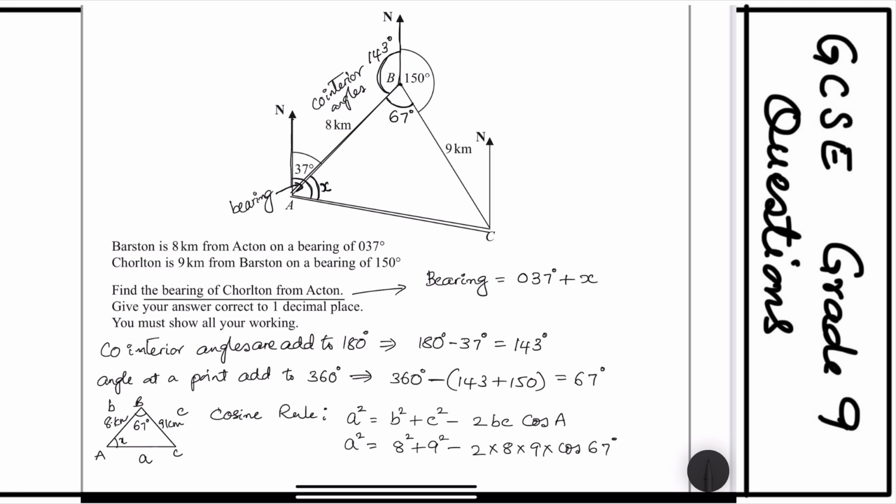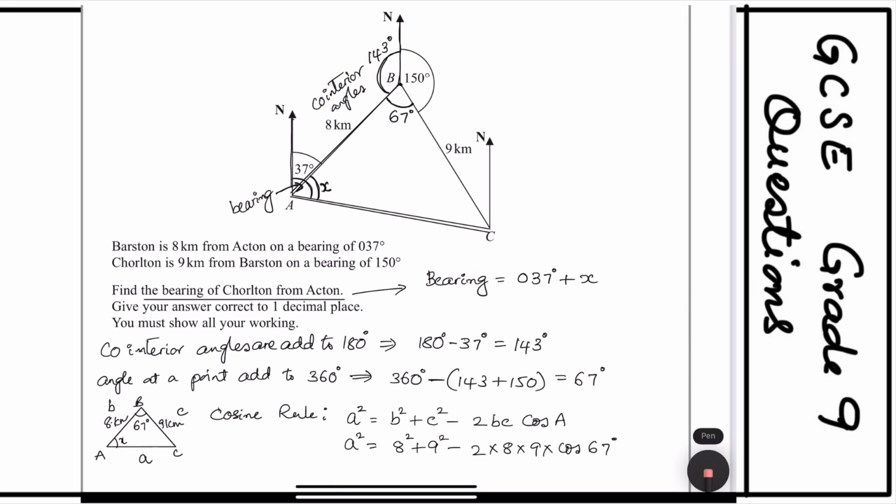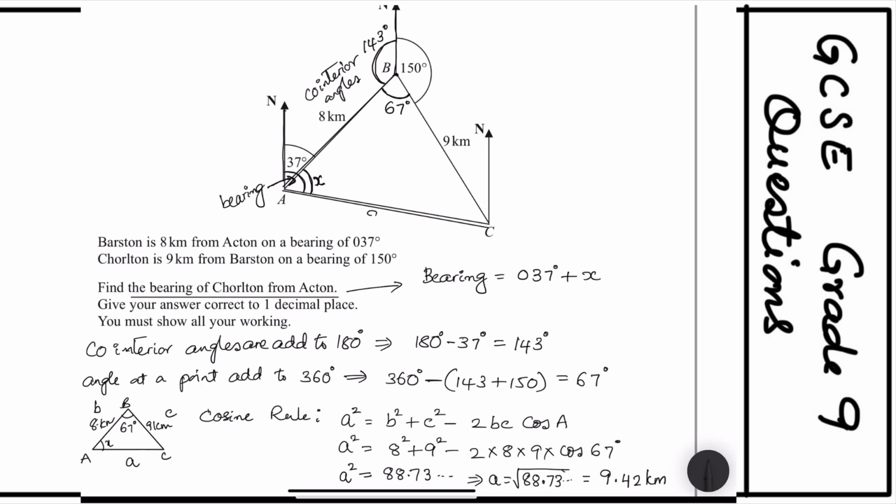Enter this in the calculator to get the a squared value first. a squared is 88.73 to 2 decimals, and then we square root the whole thing, full calculator display, and then we will get the a value, and a is 9.42 centimeters. Sorry, it's in kilometers because the other lengths are in kilometers as well. So length AC is 9.42 kilometers.